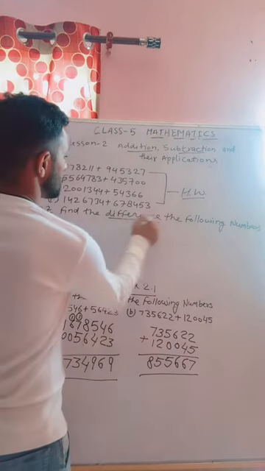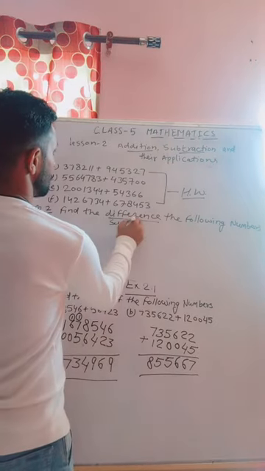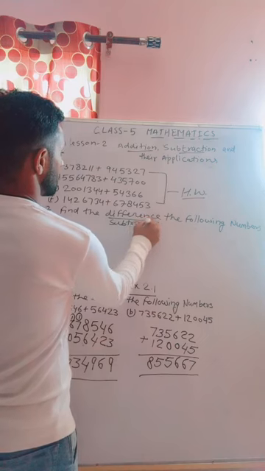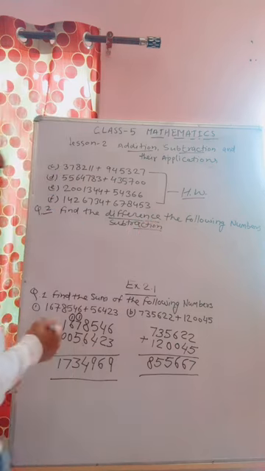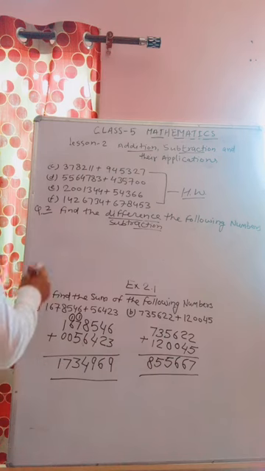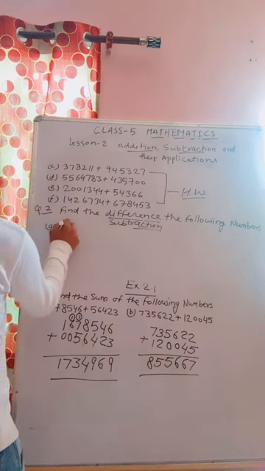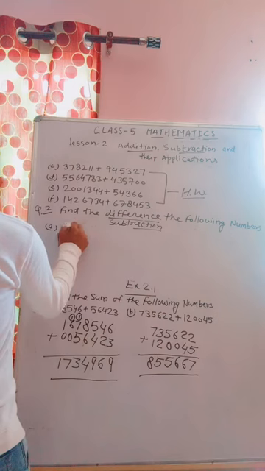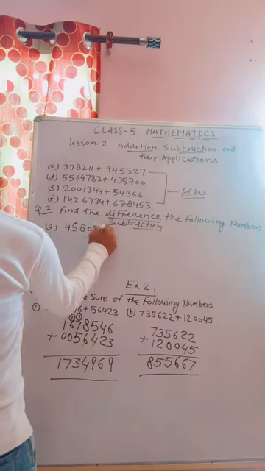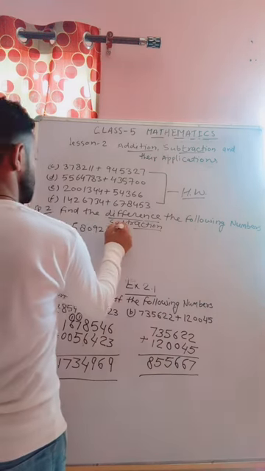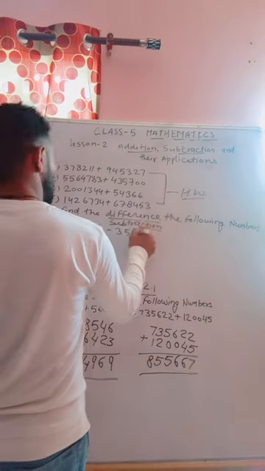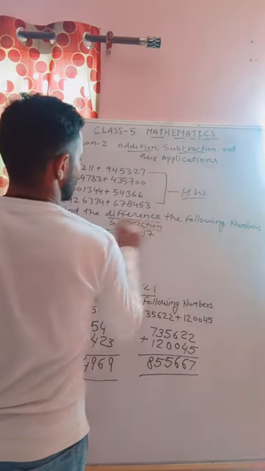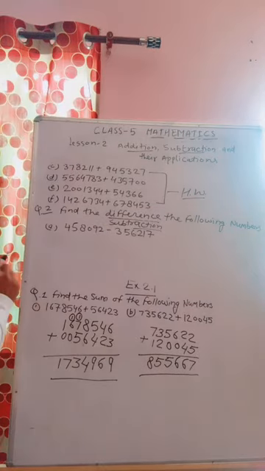Difference means subtraction. The first question, A point, is 4 5 8 0 9 2 minus 3 5 6 2 1 7. Okay, first you arrange these numbers.